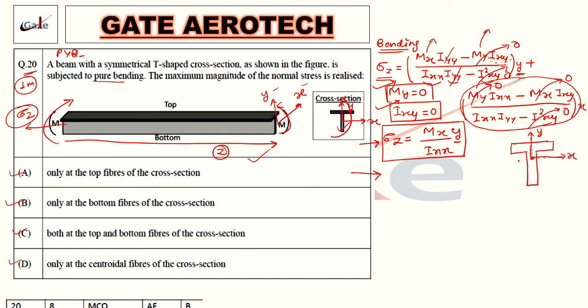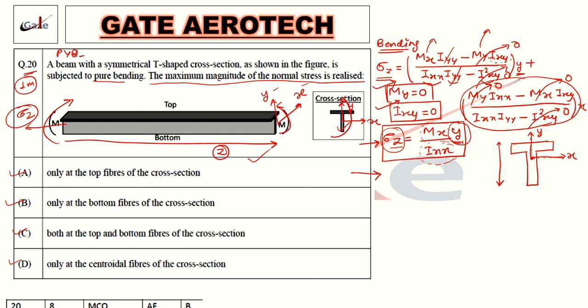Now we have a y here, so that means our stresses will be varying in the y direction. Now they are asking at what fiber the maximum magnitude of the normal stress is realized. Your stresses will be maximum when your y is maximum, this is constant and this is also constant.